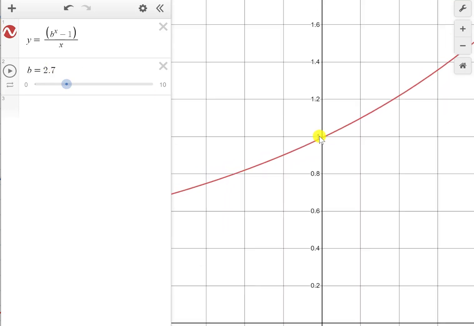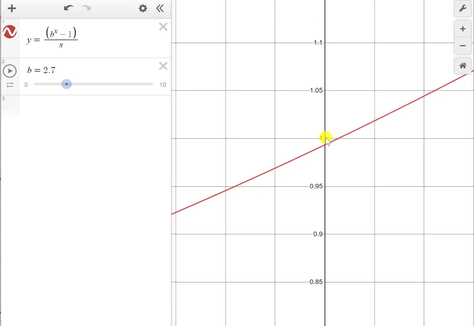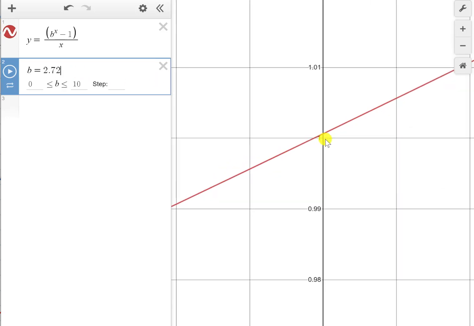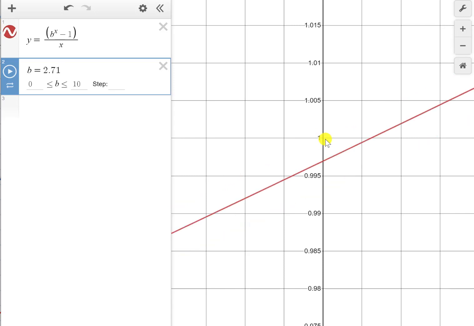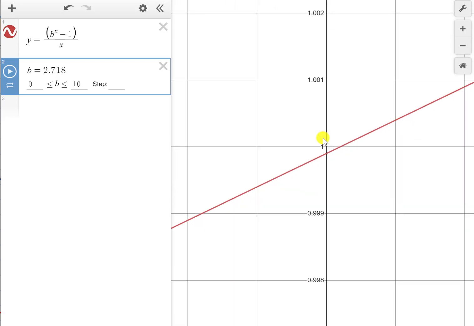And if you're familiar with e, that number will start to look familiar. Okay, so if I zoom in a little bit more, I'm a little bit below it. So if I do 2.73, okay, that's too big. 2.72, well, that's pretty close. If I zoom in more, it's a little bit above 2.71. And if you are familiar with the digits of e, the next digit would be 8, and that's pretty close. It's still going to be a little bit off.